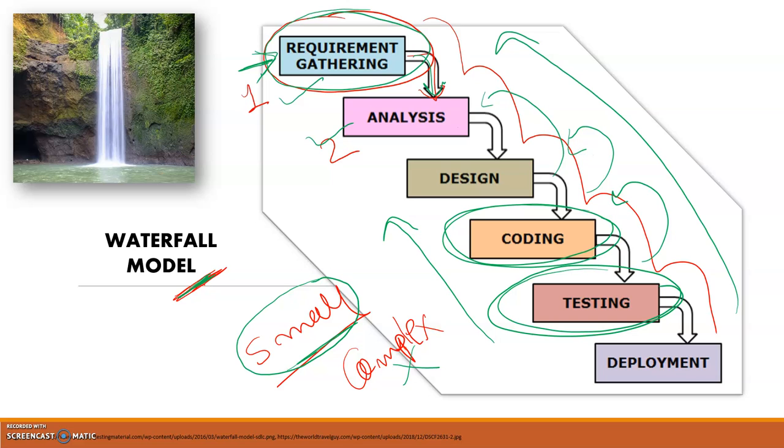If your design is not proper for some reason, in that case of course you need to redo the analysis. So actually in real time it is not feasible, but yes, this type of model is there which a company can use, right? So this is about the waterfall model. Next model we'll discuss in the next lecture.